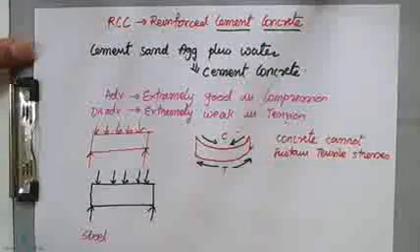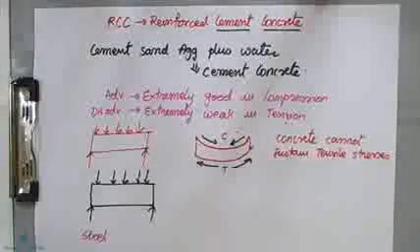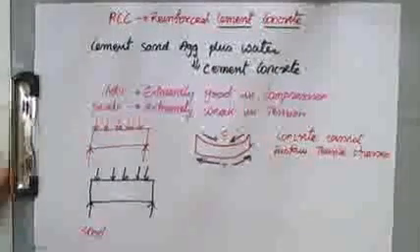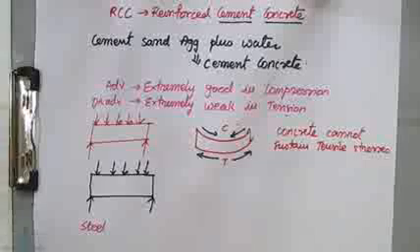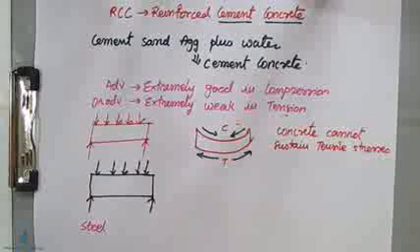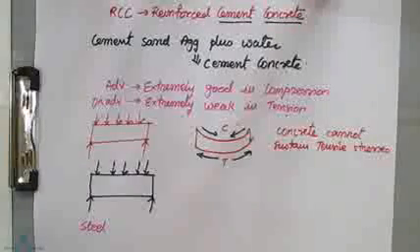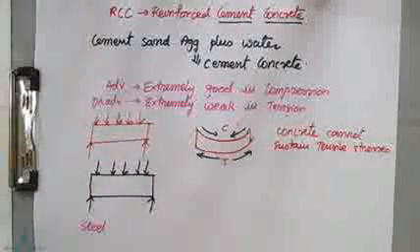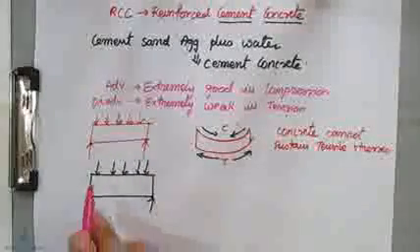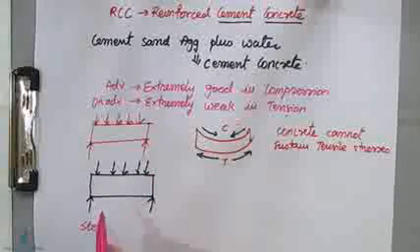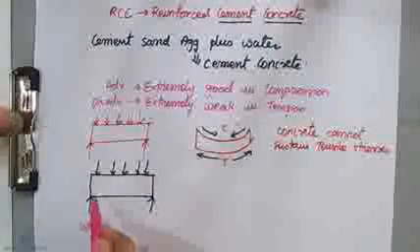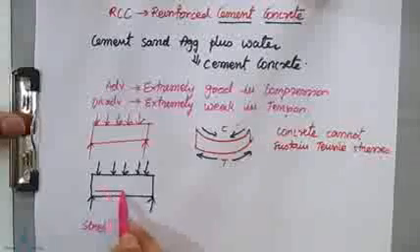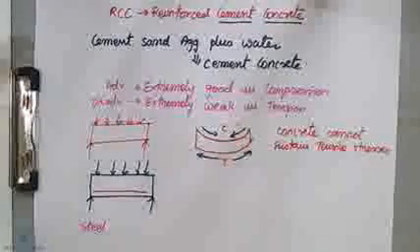Steel is very good in tension. It is a ductile material. You might also have studied this in your MT lab. Steel is a ductile material and it is very good at taking tension. So in this simple plain cement concrete beam, I will put a steel rod in the tension zone like this.